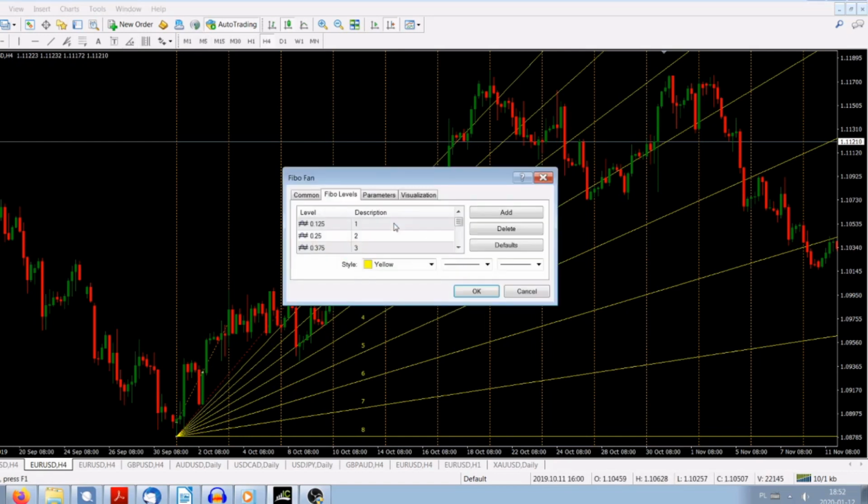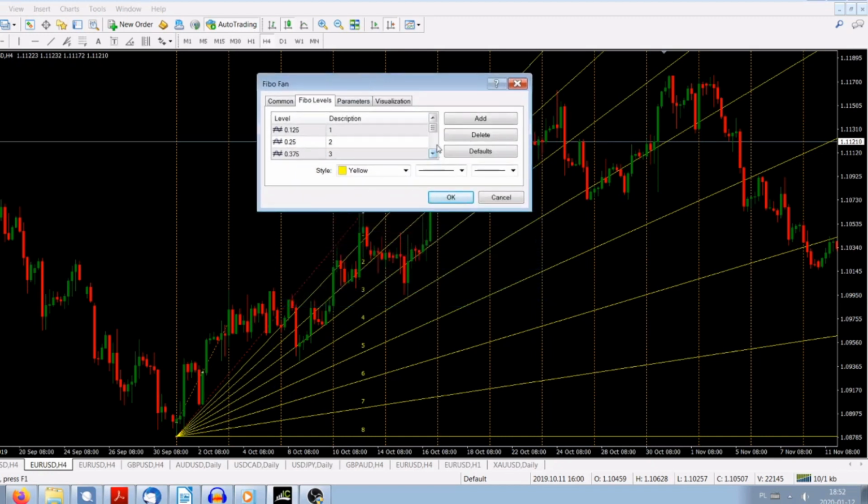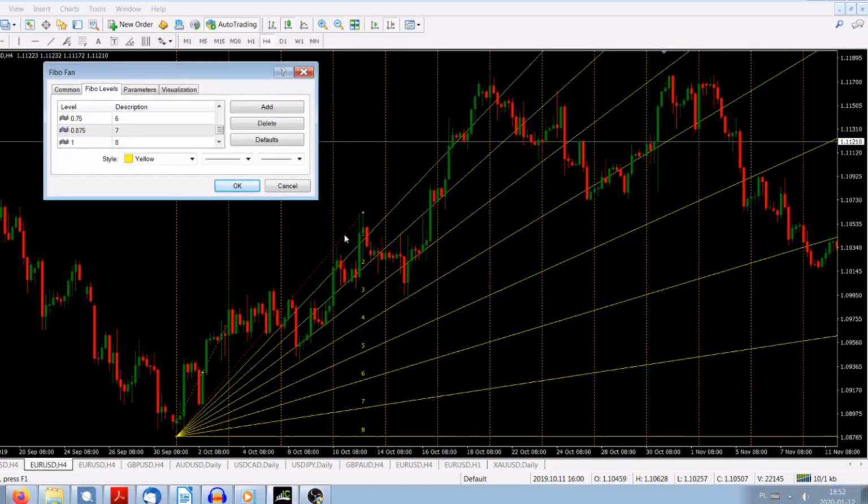So it looks like that. Fib fan properties, and we got here the properties. So we start with line 1 is 0, then 0.125, 0.25, 0.375, 0.5, 0.625, 0.75, 0.875 is line number 7, line number 8 is 1. So we got 0 here, 1 here, and all this area is divided in octave.